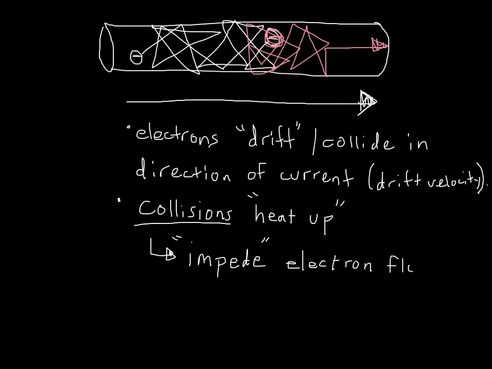And the amount that these wires impede electron flow, we call this the resistivity of a wire. And we label this with the Greek letter rho. Now the resistivity of different materials is different.